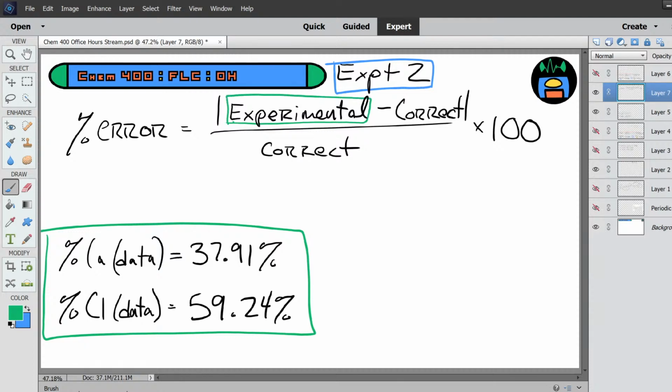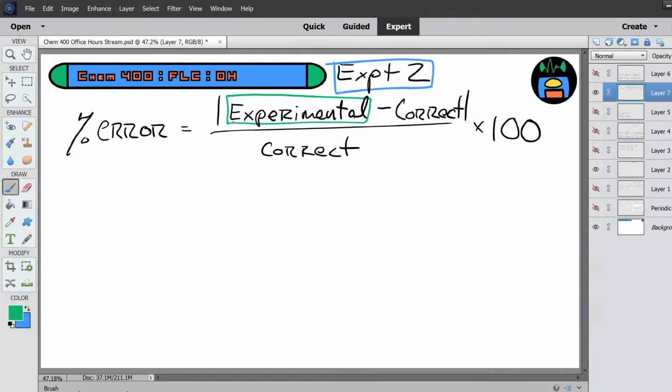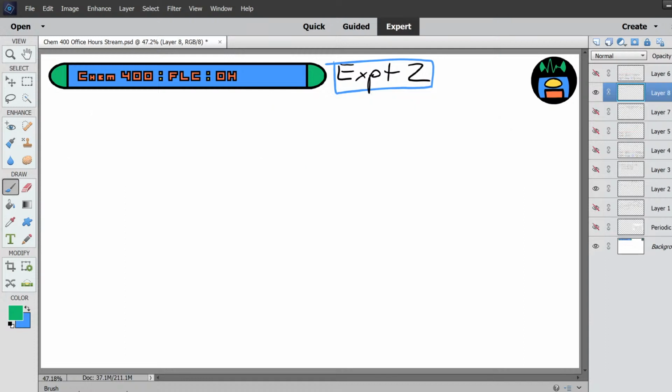What we need to know to get the percent error is what are the correct mass percents of calcium and chloride. And to get those, we need to calculate these from the molecular formula for calcium chloride.